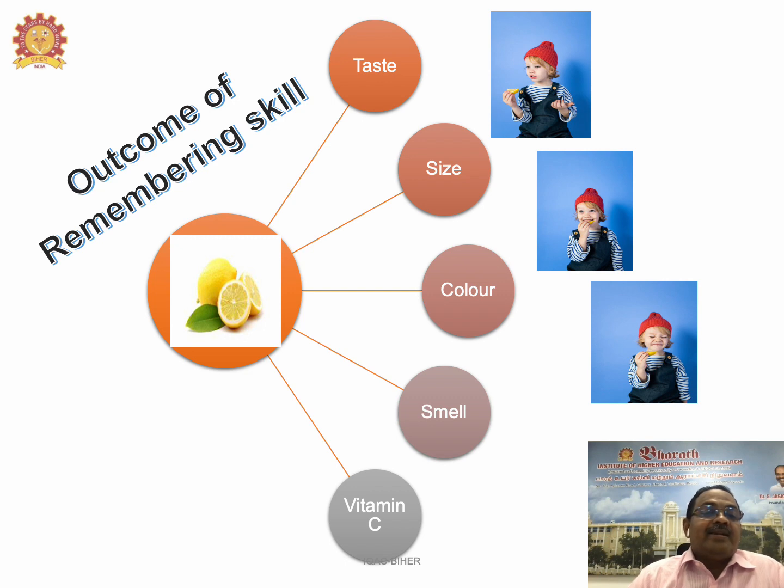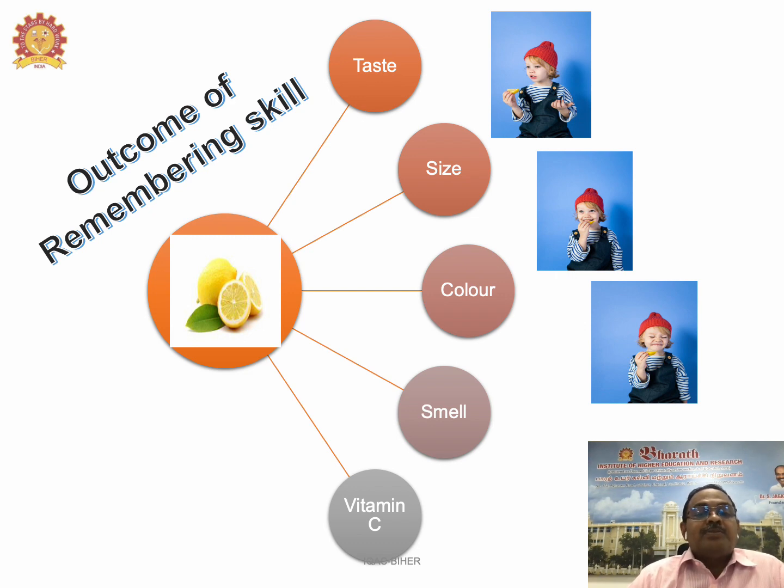Here we are taking the example of a lemon. If any child is going to learn about the lemon, he must memorize the characteristics of the lemon by different parameters like taste, size, color, smell, and the quality of that fruit.